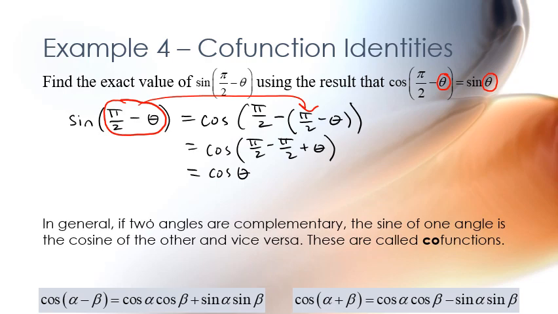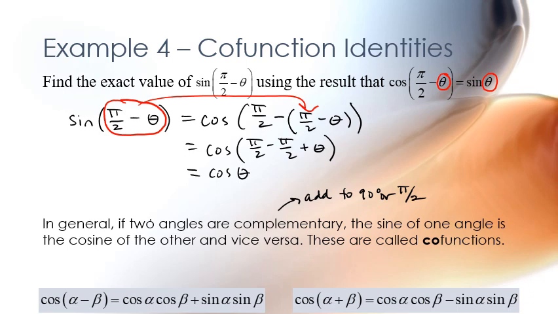In general, we can say that if two angles are complementary, complementary means that they add to 90 degrees, or if we're in radians, pi over 2. If two angles are complementary, like we saw with the 30 degree and the 60 degree angle, then the sine of one angle is the cosine of the other angle, and vice versa.